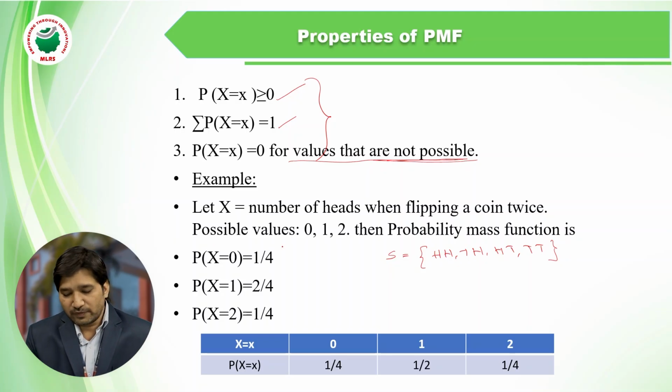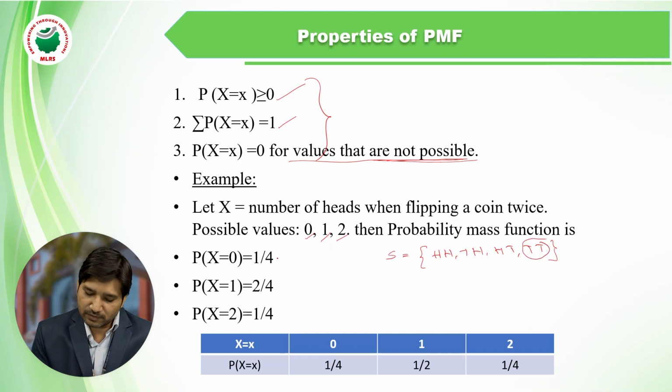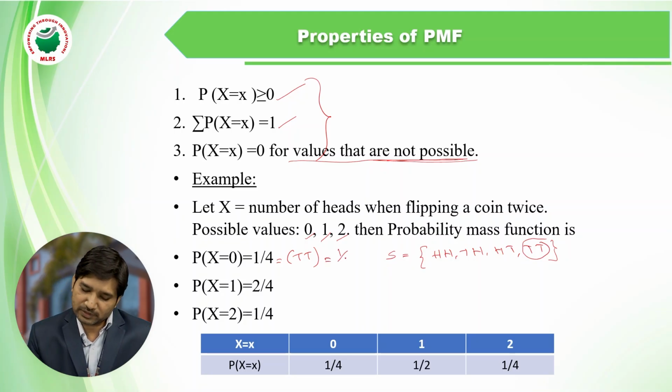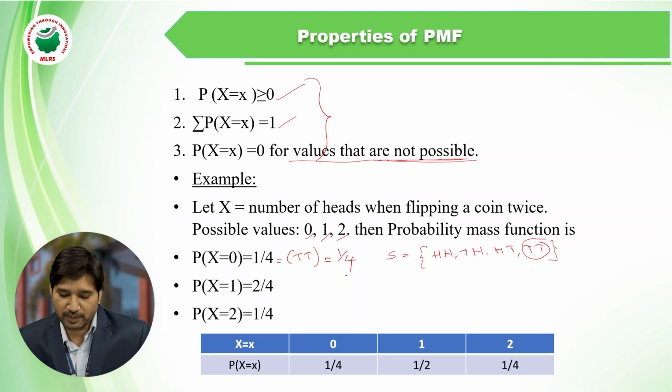So here the possible values are 0, 1, 2, meaning 0 heads, 1 head, 2 heads. Then the probability mass function: when x equals 0, meaning 0 heads, there is only the TT case. Out of 4, we get only 1. The probability is 1 by 4.